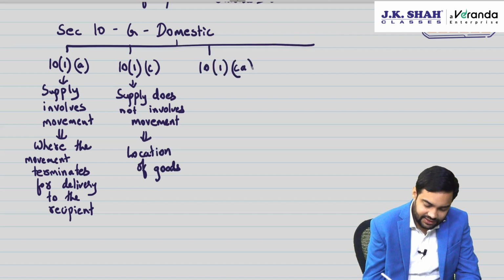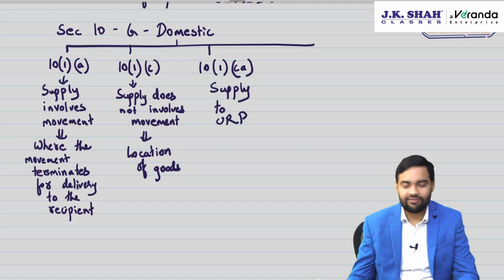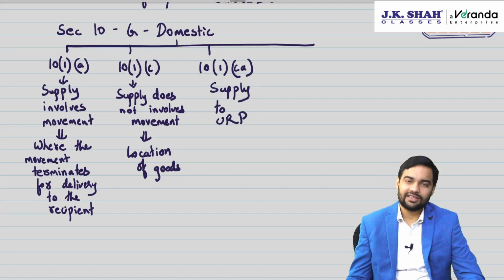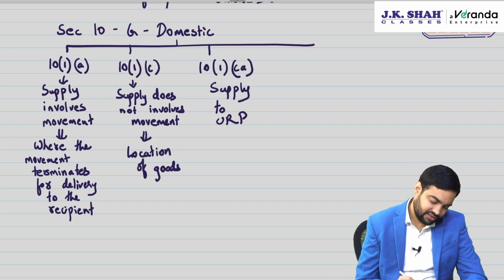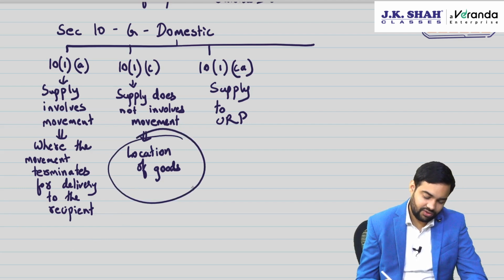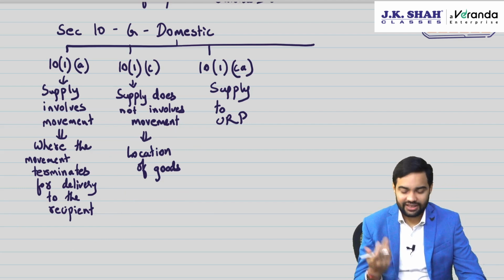Now 10(1)(ca) talks about supply to unregistered persons, because see, a registered person will himself tell where he is from. He will give all the details. Supply to unregistered person, the problem was whether we have to see where he is taking the goods or whether we have to see from where he is buying the goods or where it has terminated. How do we do it?